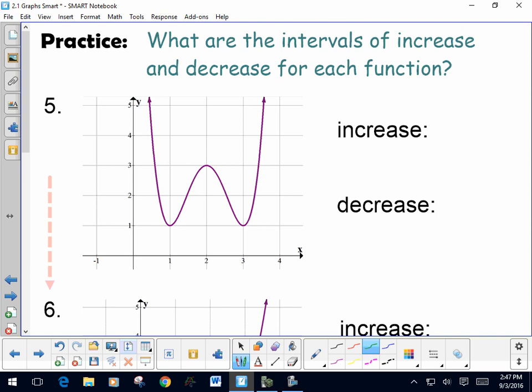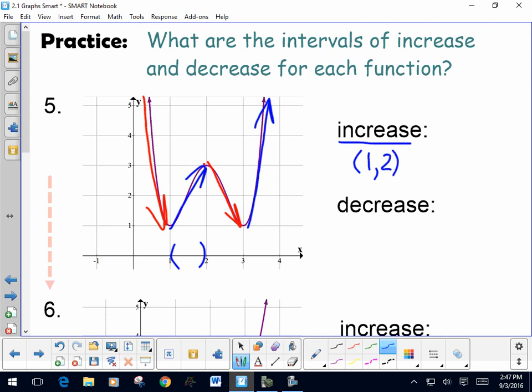So here's one to try. This function is like a W. And we're reading it left to right again. It decreases, and then it increases, and then it decreases, and then it increases. So the interval of increase begins at the x value of 1, and it increases between 1 and 2.